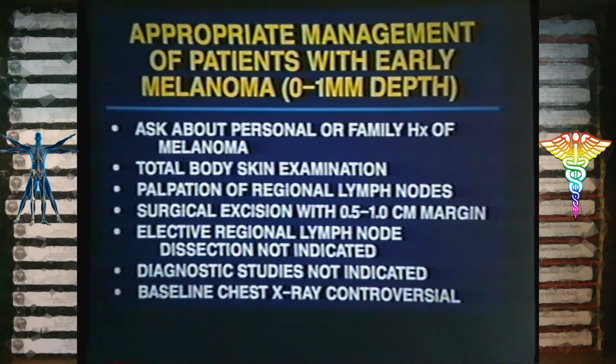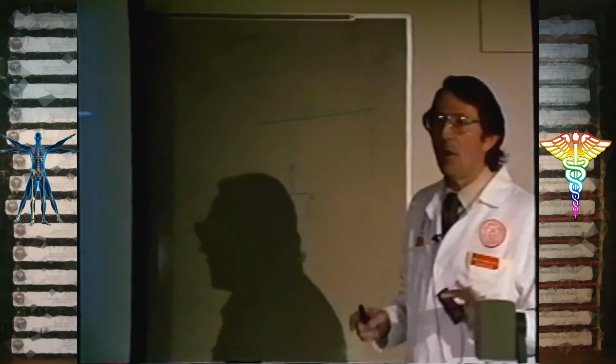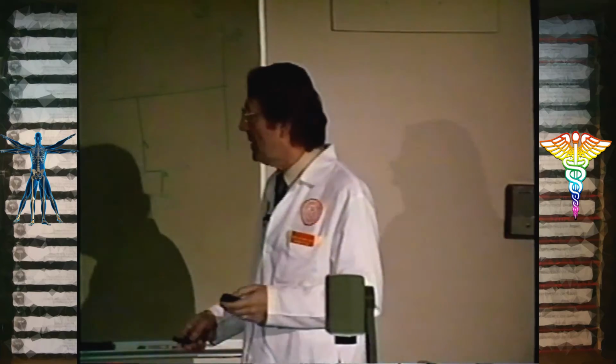There's no more of the old 5 centimeter borders with the huge deep scars and grafts. Diagnostic studies are really not indicated. Chest x-ray is controversial. This is what we're talking about now is an early melanoma. We're not talking about the ones that are 2, 3, 4, and 5 millimeters in depth.